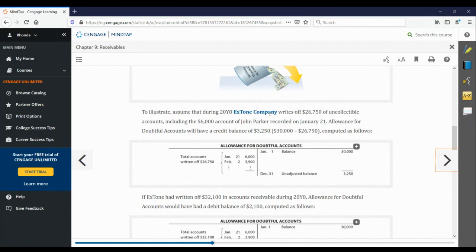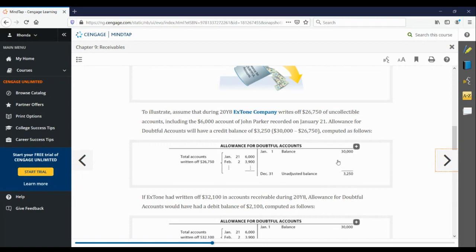It says to illustrate that during 20Y8, the X-Tone company writes off $26,750 of uncollectible accounts. And that included the $6,000 in the account of John Parker that we recorded previously on January 21st. The allowance for doubtful accounts will end up with a credit balance of $3,250.